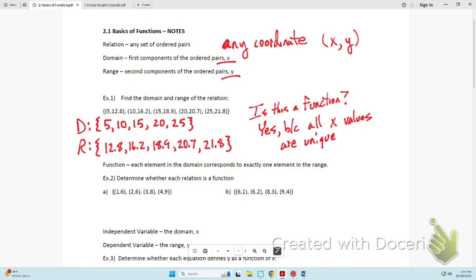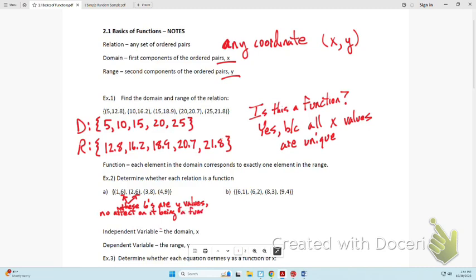On number 2, we need to answer the question if it's a function. So I do see a repeat of 6, but those are y's. These 6's are y values, so no effect on it being a function or not.